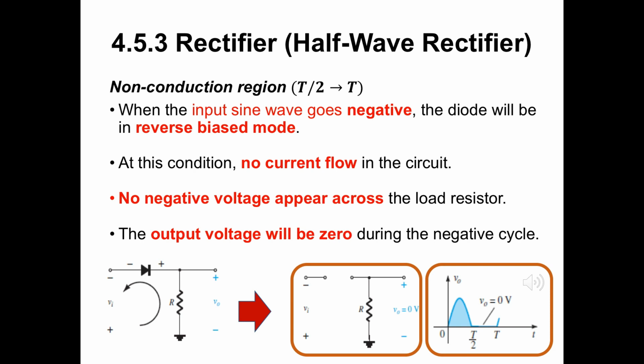At this condition, no current flows in the circuit. Then, we can explain this as an absence of a path for charge to flow, and VO equals IR as in Ohm's law. This will be 0 multiplied by R, equals 0 volt for the period T by 2 to T. No negative voltage appears across the load resistor. So, the output voltage will be 0 during the negative cycle as in the figure on the right.